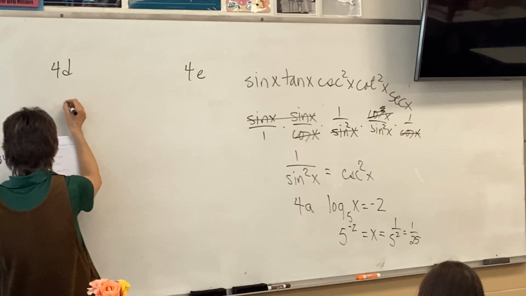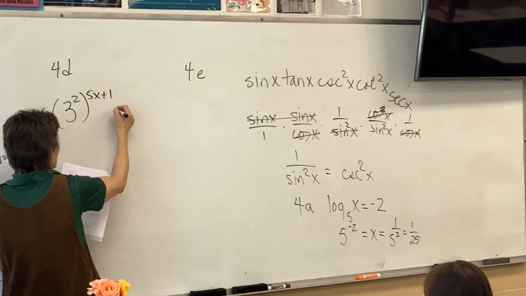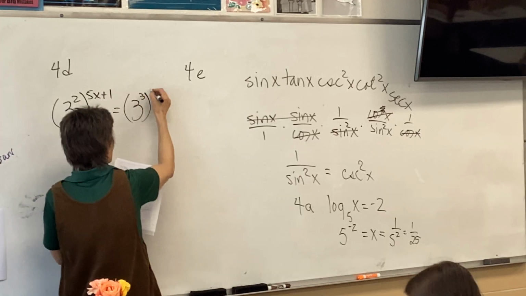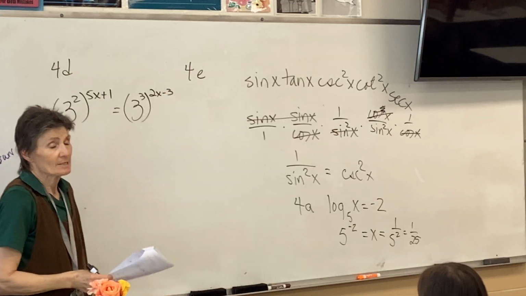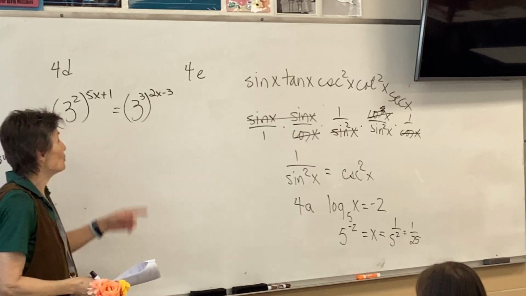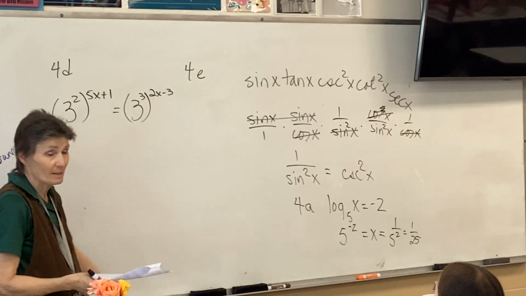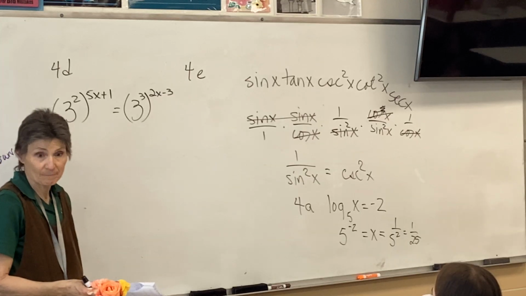So I'm going to write the 9 as 3 squared, and the 27 as 3 cubed. If this problem is on the no calculator part, then you have to be able to find a common base. It might not be 3, it might be 2 or 5 or something, but you make the bases the same.